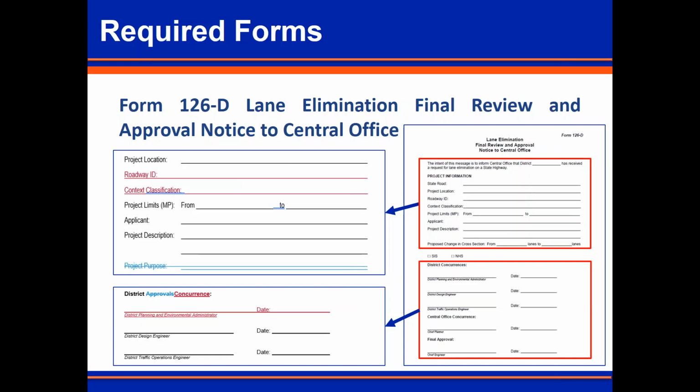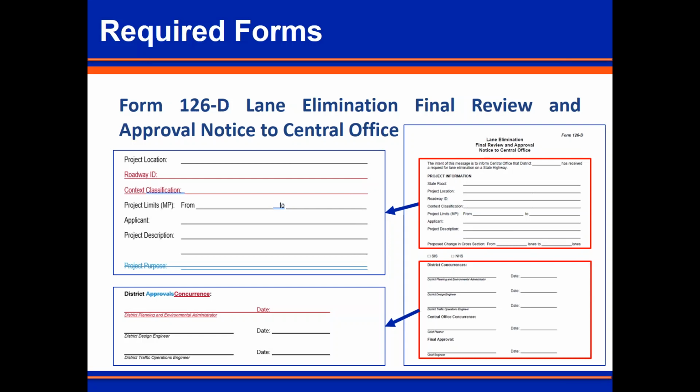Then finally, Form 126D, which is the final review and approval notice to central office. Also, the roadway ID and context classification were added. And the same as with the previous form, we deleted the project purpose field since it should be included in the project description.